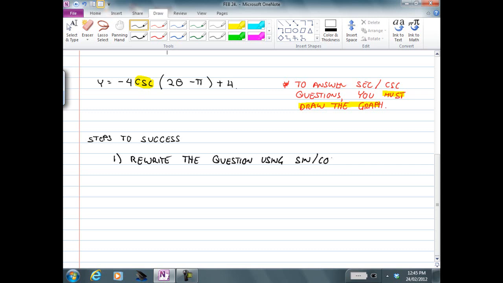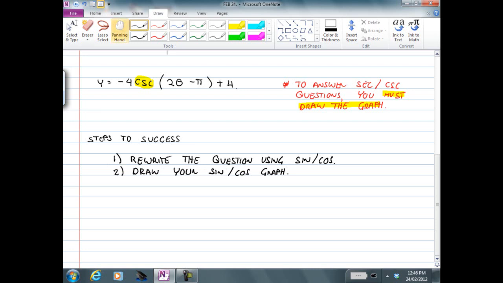What I'm going to do is rewrite the question using sine and cos. Step 2: draw your sine or cos graph. The first 2 steps are easy. We just did the first 2 steps without realizing it.